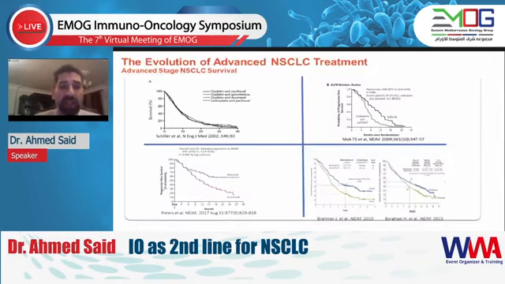So as we see here, we have the platinum doublets, then the EGFR mutation with the start of gefitinib versus carboplatin plus paclitaxel, then alectinib for the ALK-positive population, then the introduction of nivo as the first approved molecule for non-small cell lung cancer in the second-line setting.